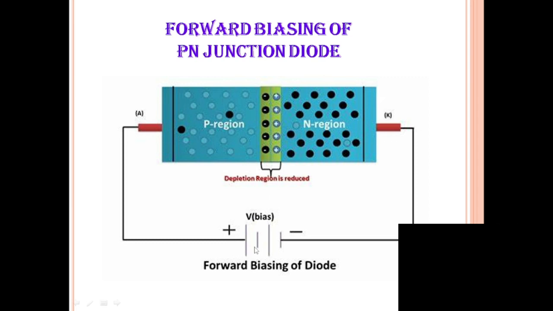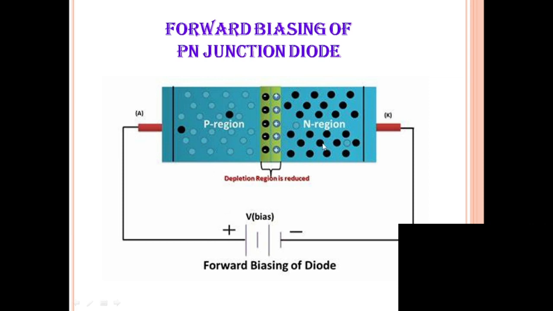So here, when you switch on the power supply, that means you are giving the battery to this PN junction diode. Depending upon the applied voltage, the holes present in the P region are repelled by the battery's positive terminal.